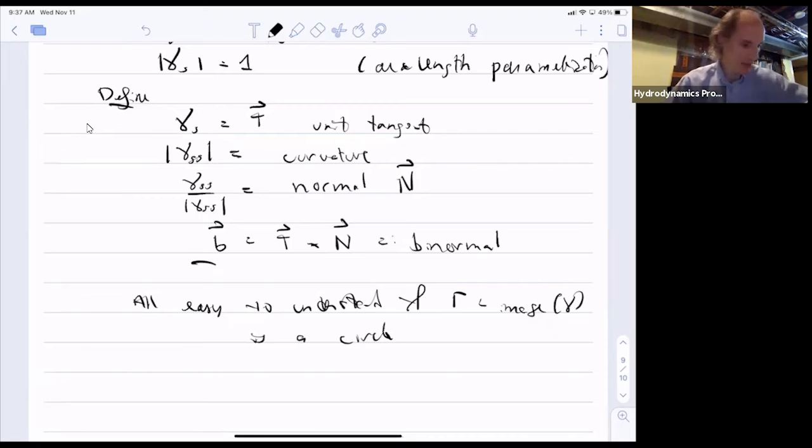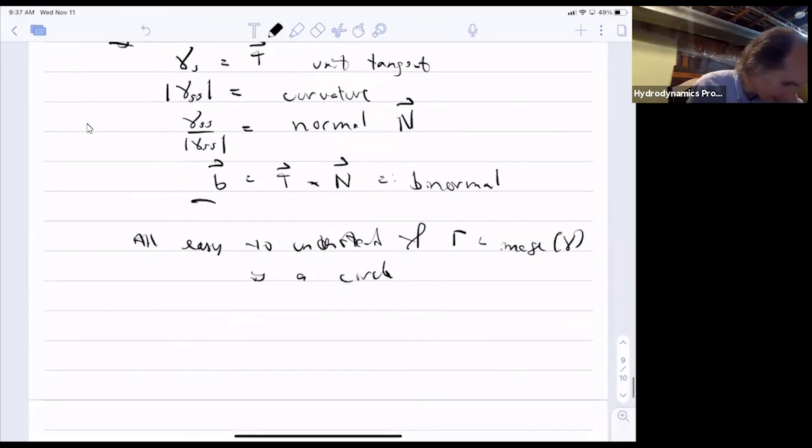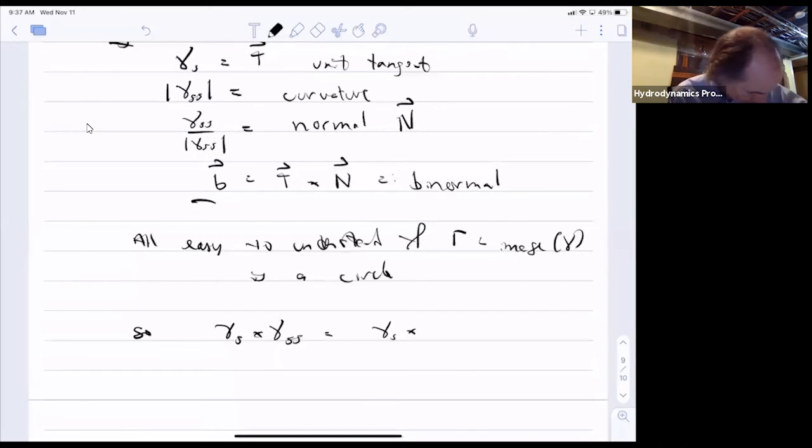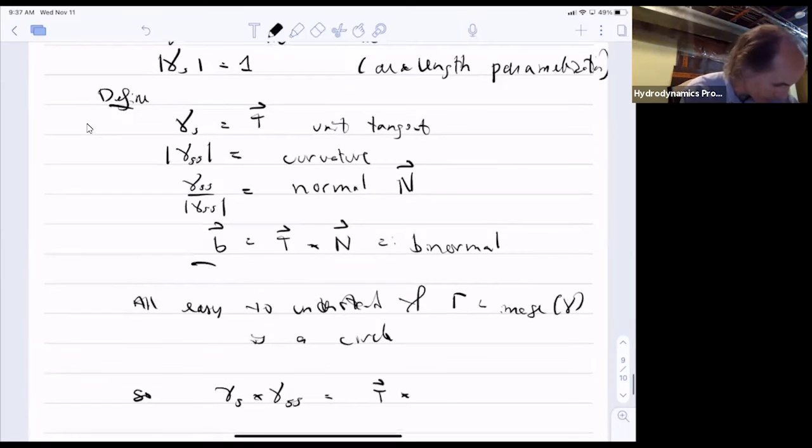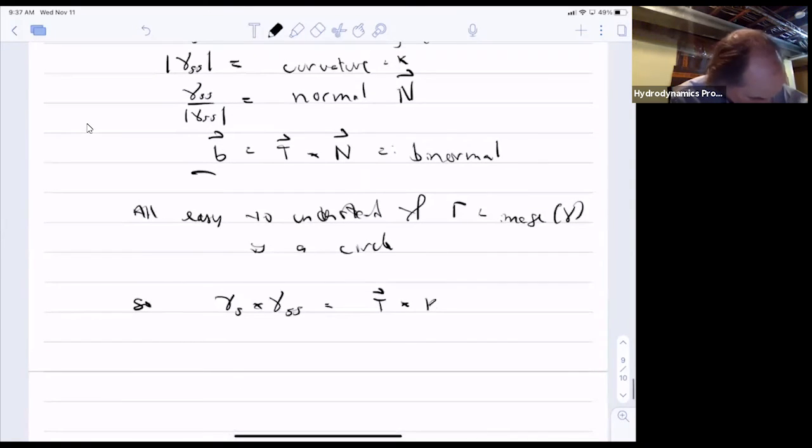Okay, and so with this notation, you see, gamma sub s cross gamma ss. What is that? Well, very naively, that's the unit tangent, and gamma ss is the curvature kappa times the normal vector.